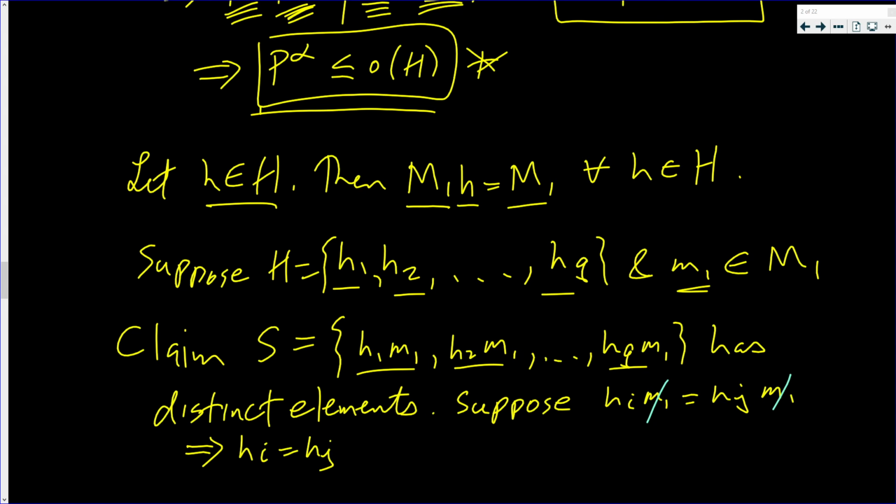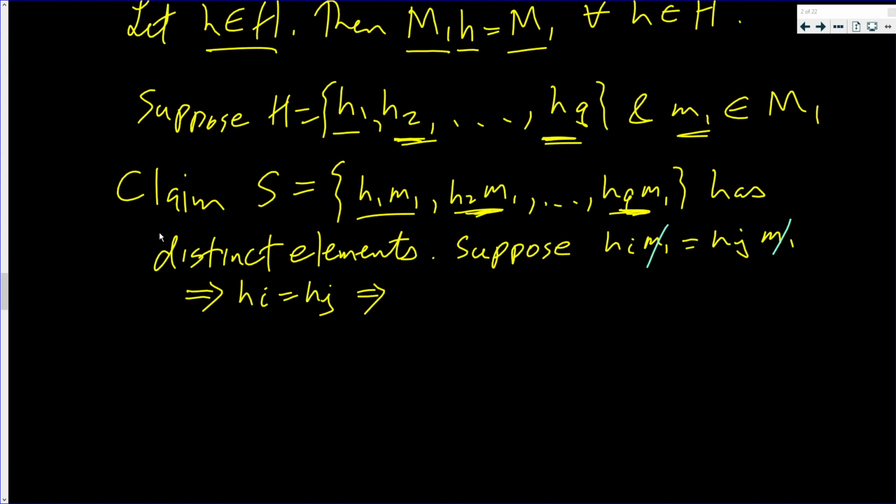We did not take two different elements and multiply them on the right by m1 and get the same answer. Okay, so let's think about what this means. What is the order of S?